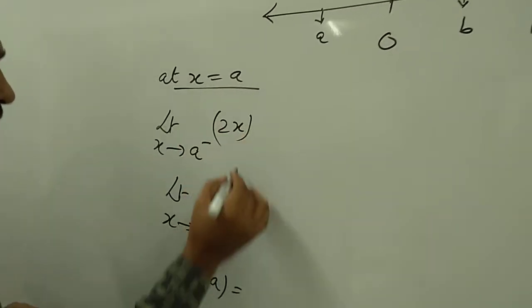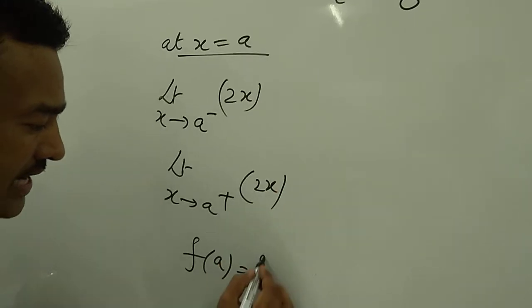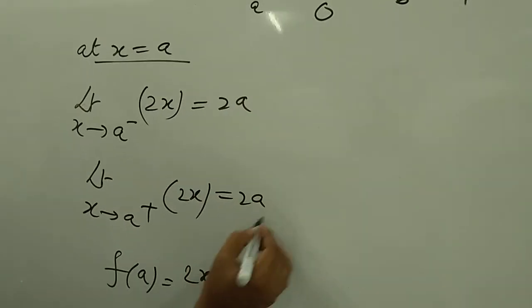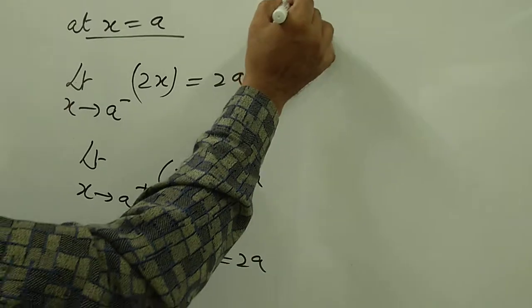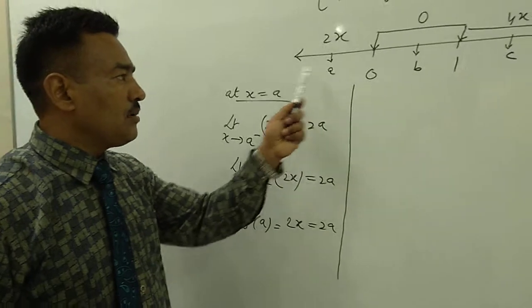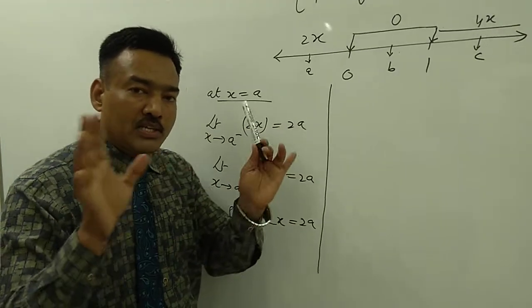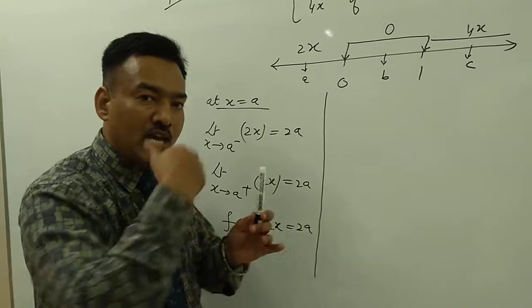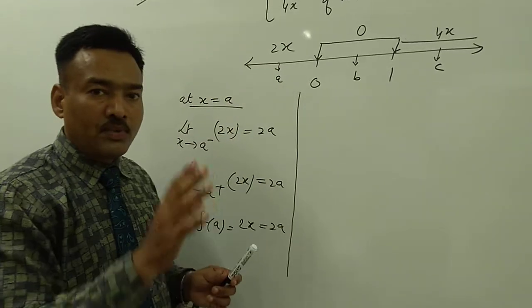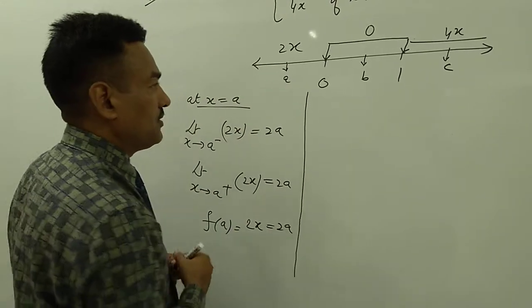In all these cases, the value will be 2a. Therefore, the function will be continuous at any point below 0. This is what we discussed in class also. Whenever the function changes, there is a possibility of discontinuity. If the function remains the same, there is no possibility of discontinuity.